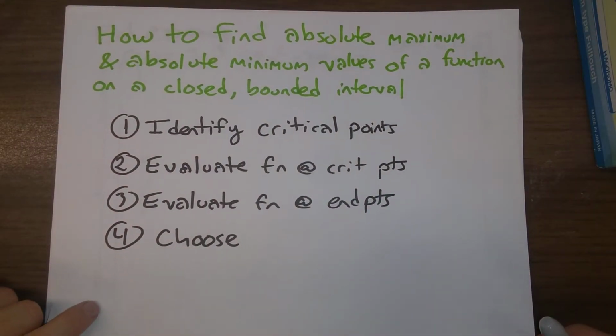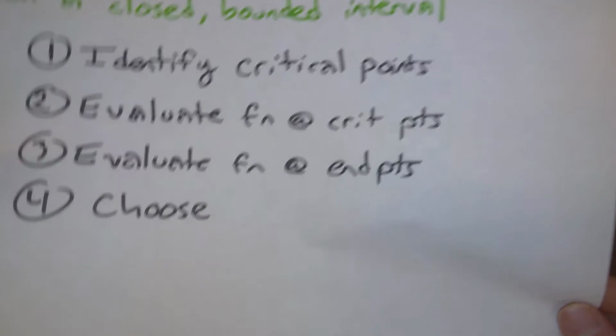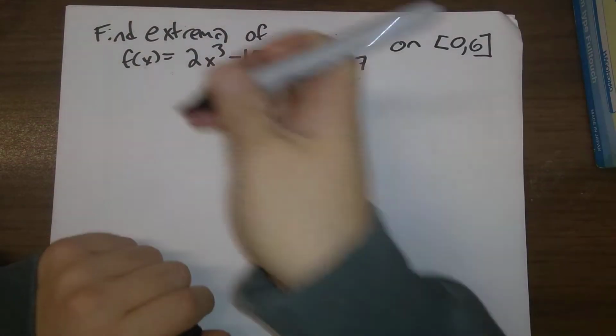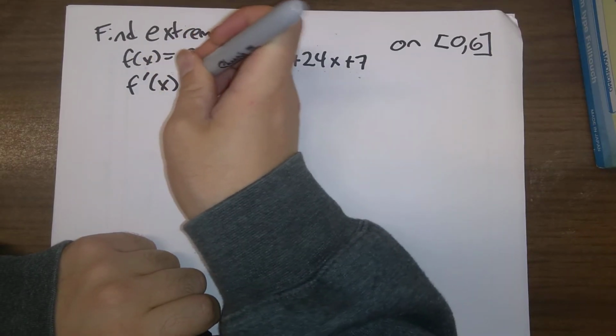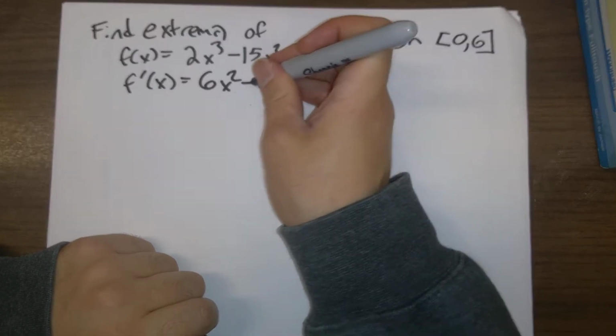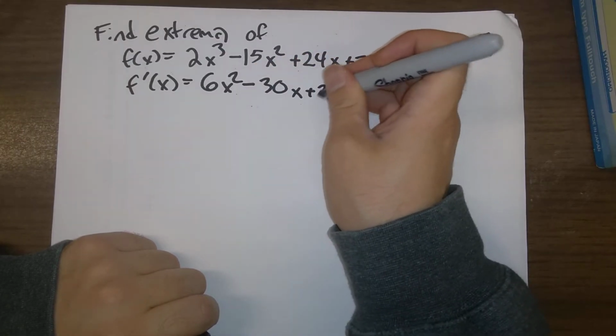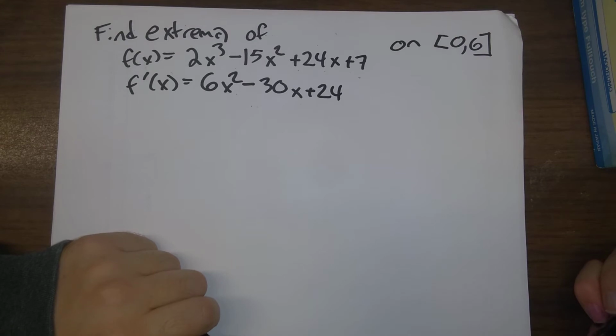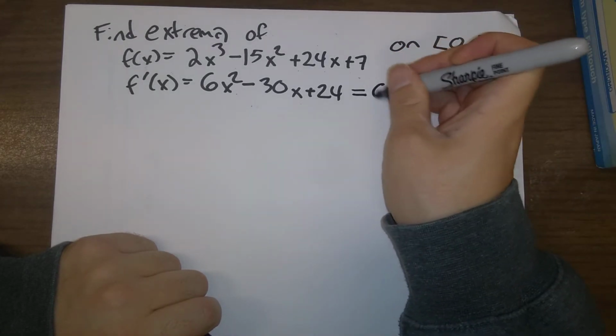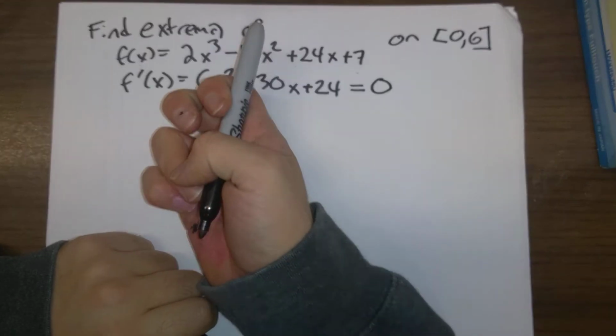So once again, from this slide, we have to identify the critical points. f'(x) is 6x^2 - 30x + 24. This is never going to be undefined, so our only critical points are going to be when this is equal to 0. So let's solve this.